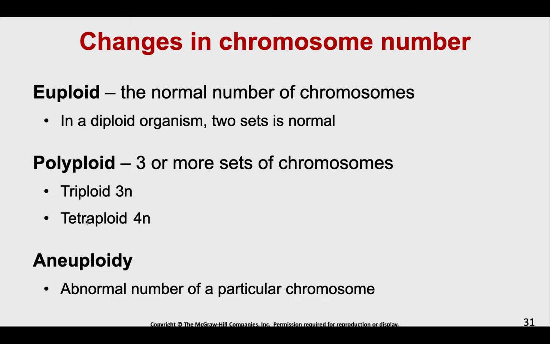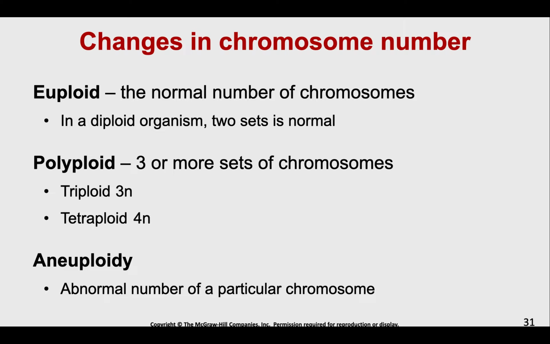If you're polyploid, that describes all other ploidy levels beyond haploid or diploid. That would describe tetraploidy and triploids, 3N, and beyond, so 3 or more sets of chromosomes. If you see polyploidy, that's what it's describing.